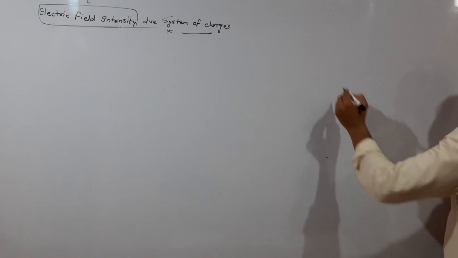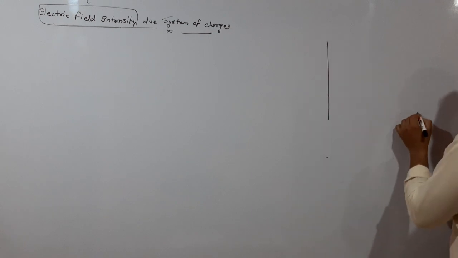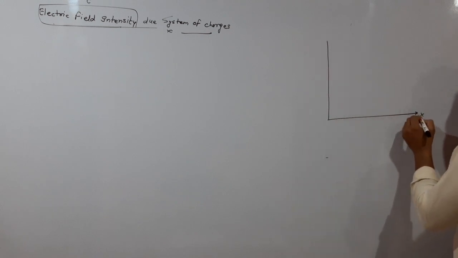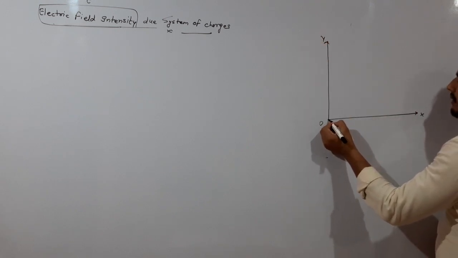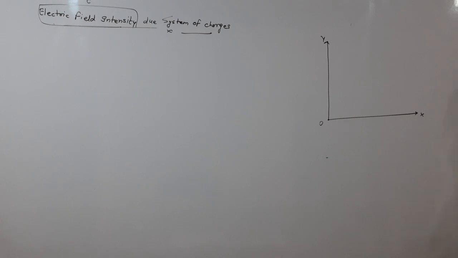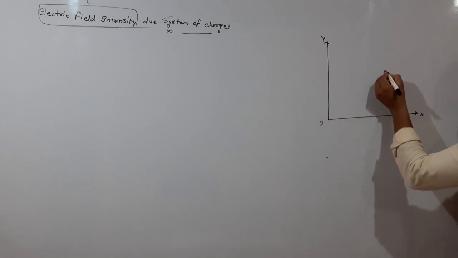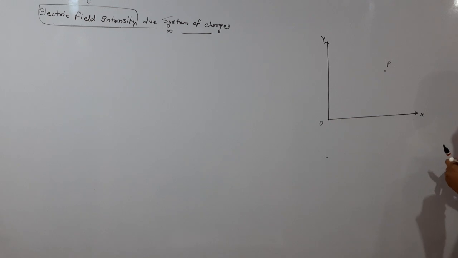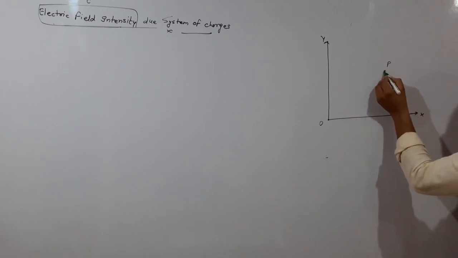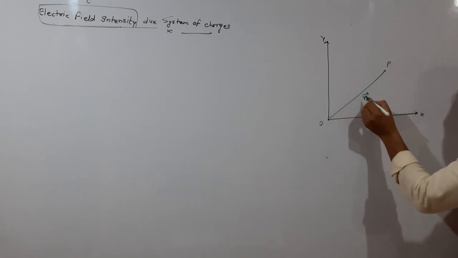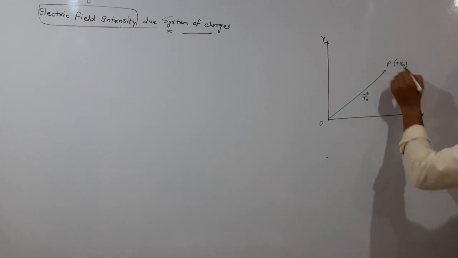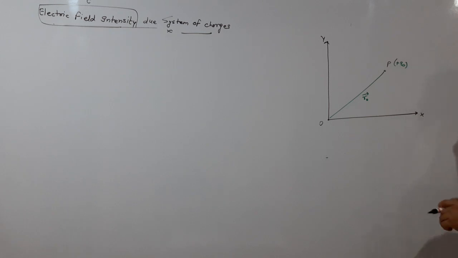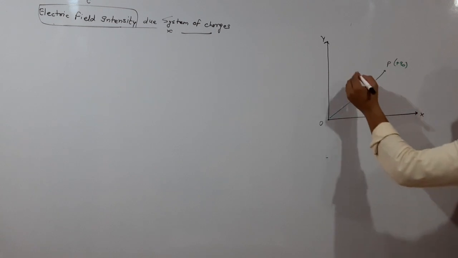Here we have a plane, this is the x-axis, this is the y-axis. We take a point P whose position vector is r naught vector. Clear? We put a test charge plus Q naught here, because electrostatic force works between two charges.